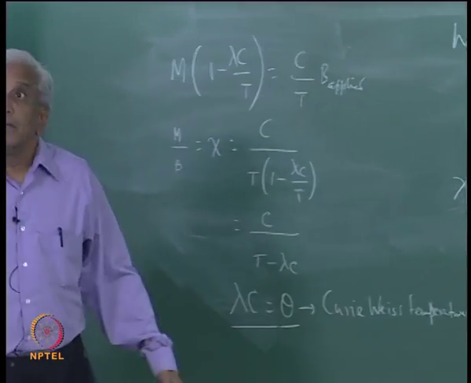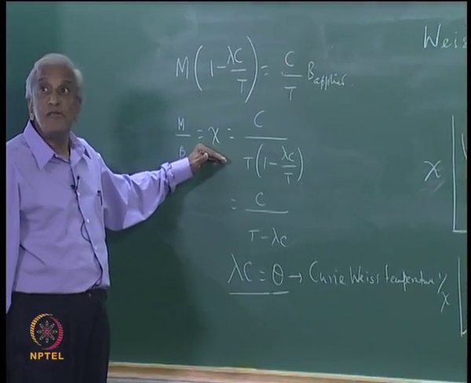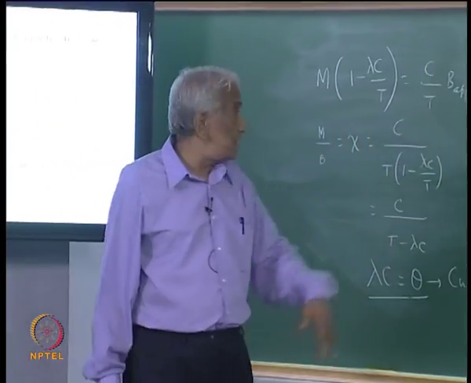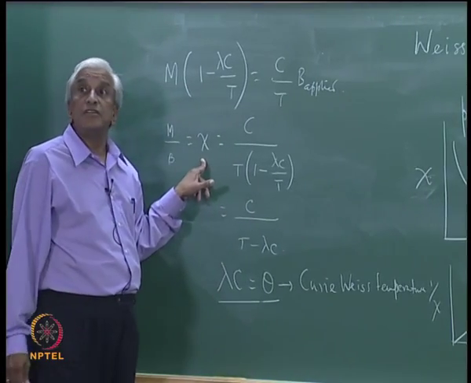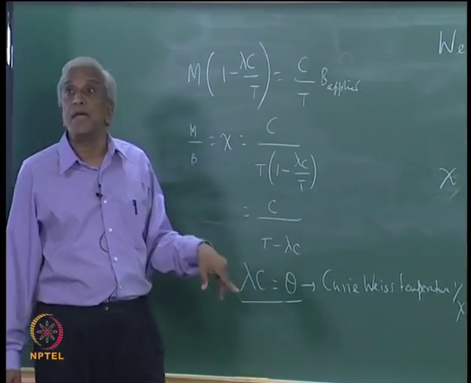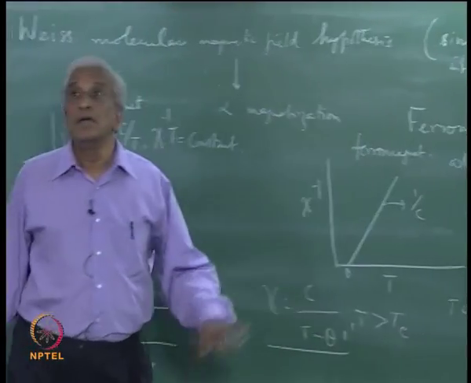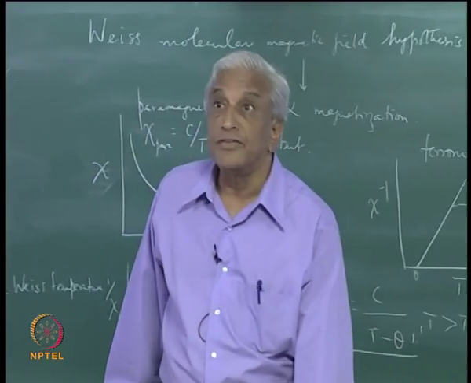So, the molecular field hypothesis accounts in a rather straightforward manner for the experimentally observed temperature variation of the paramagnetic susceptibility at temperatures above the ferromagnetic Curie point or transition temperature.